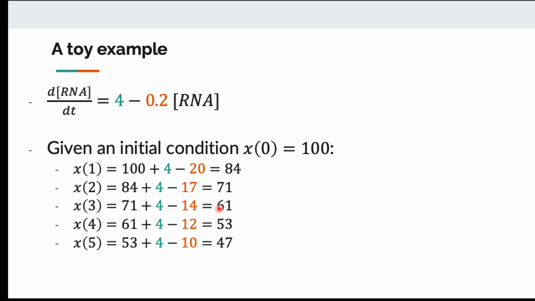And so on. We can keep doing this until it approaches the equilibrium at the number of molecules being 20. That's because if you plug in 20 here, 20 times 0.2 is 4, right? And it cancels out the production. So the number of molecules is going to reduce from 100 all the way down to 20, and it will stay there. That's the equilibrium for this gene.